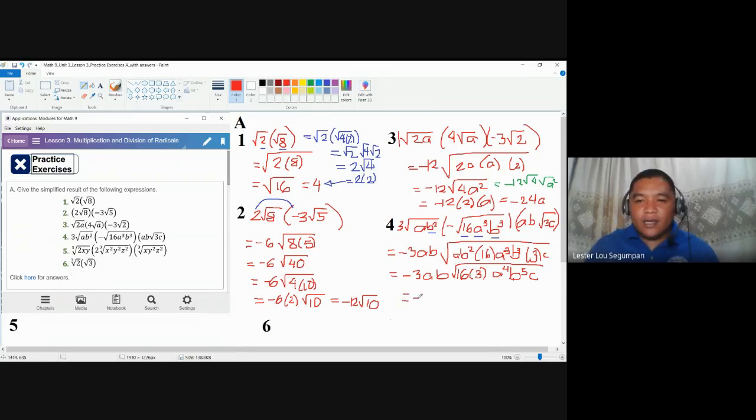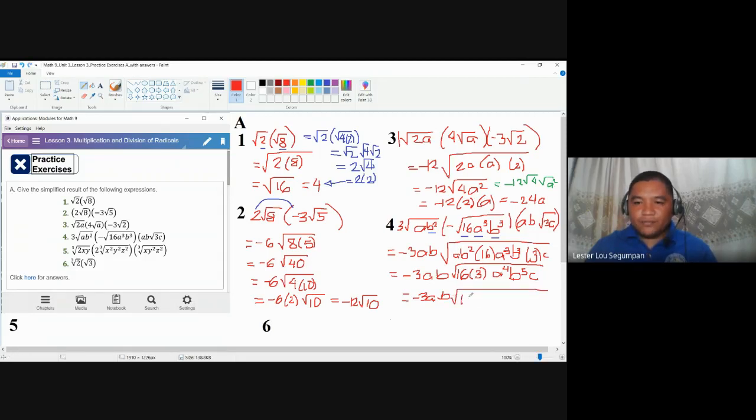And then you have negative 3ab. So you could actually remove 16 already. Square root of 16 is 4. This is also a perfect square. Let's add another step.